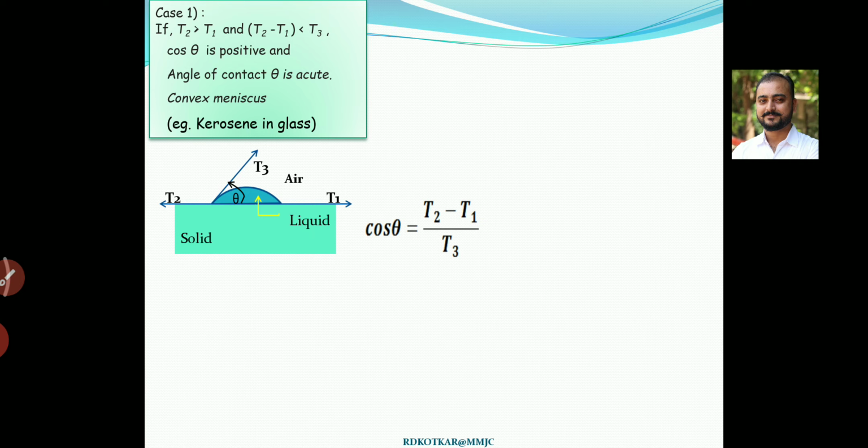Because of that, cos theta becomes positive and less than 1. So the angle of contact theta is acute, because everyone knows the value of cos theta is less than 1, and the kerosene in a glass is the example of this case.